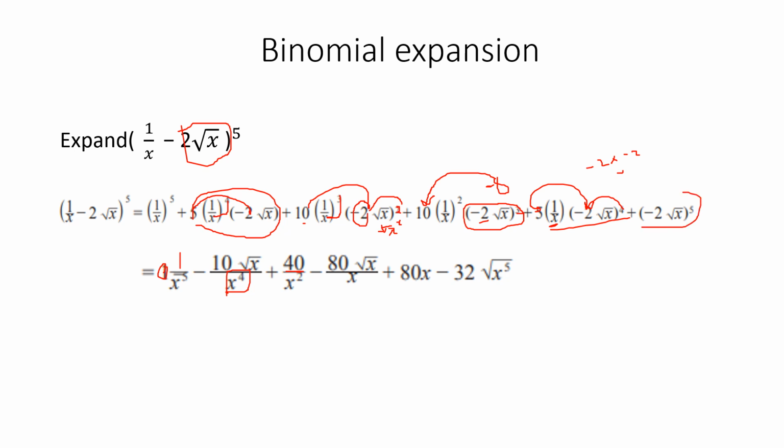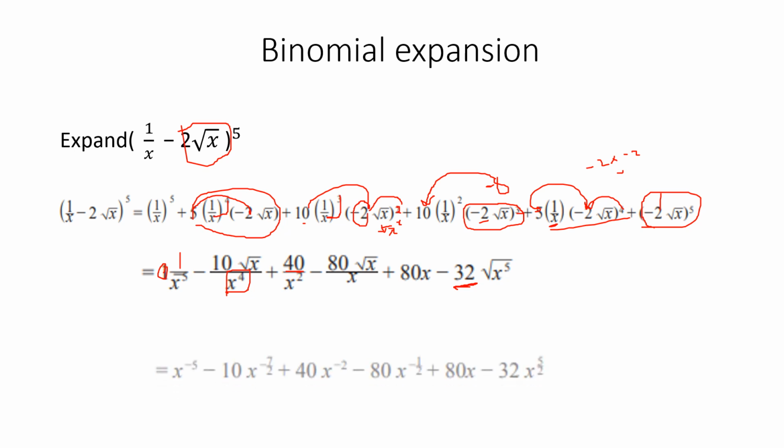Then you come to the next term. We have this all exponent 5. Negative 2 exponent 5 is going to give us negative 32, and then the square root of x exponent 5 is going to give us root x exponent 5, right? Good.